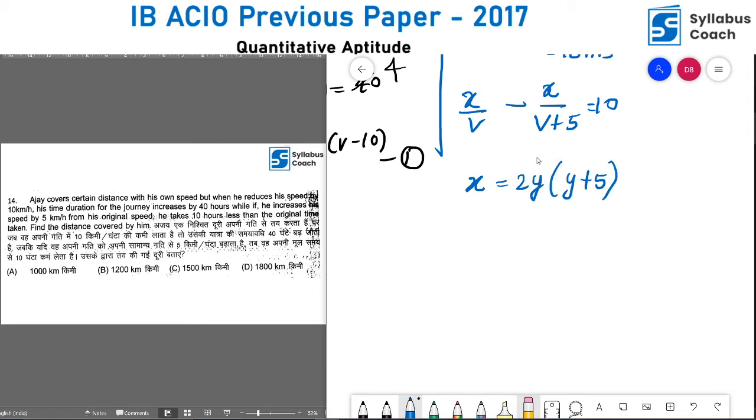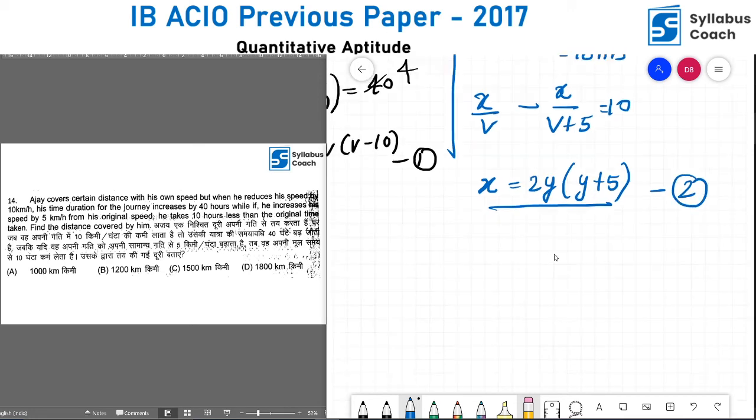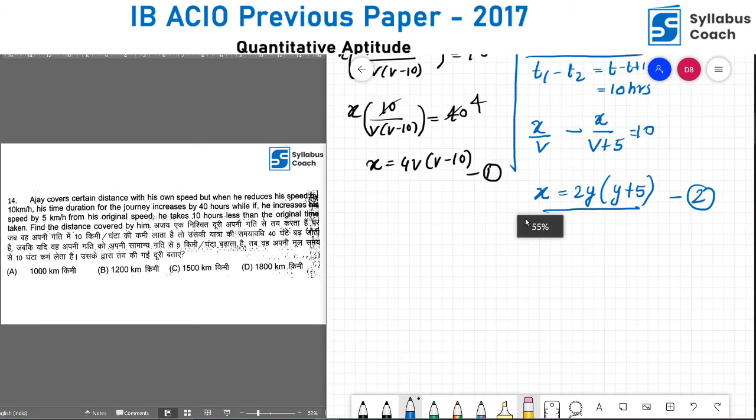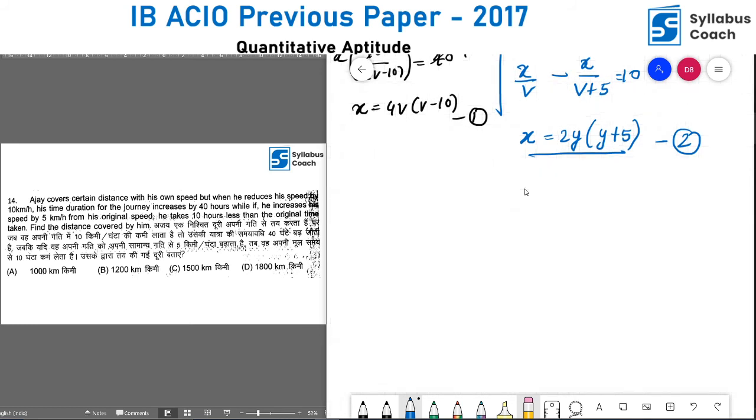This is after solving. I'm not solving it again because it would make a redundant problem. So I have two equations, which are x is equal to 4v into v minus 10 and x is equal to 2v into v plus 5. This is equation 2.